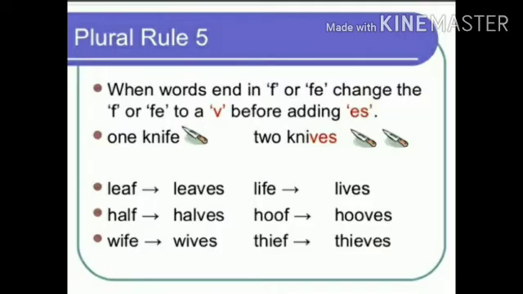The same rule applies to the words half, hoof and thief. Now the words like wife, life are ending in fe, and we will follow the same rule, that is replacing fe with v and adding es.